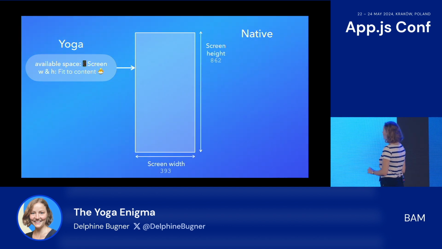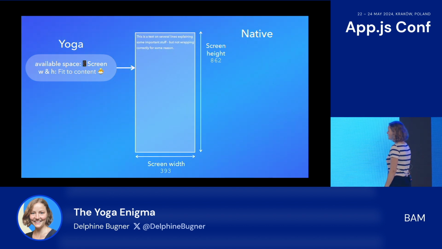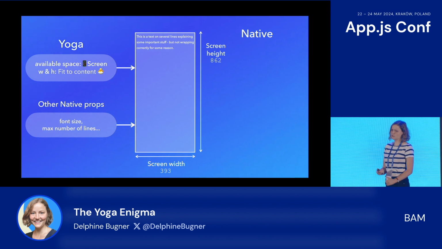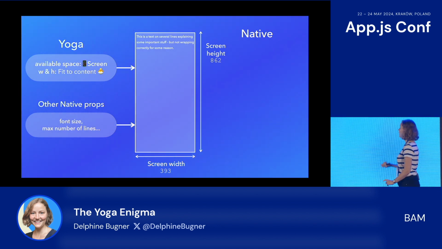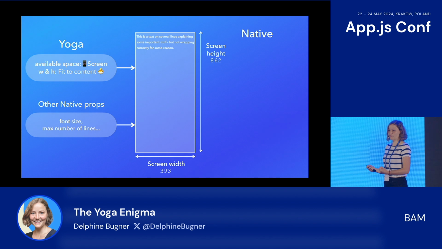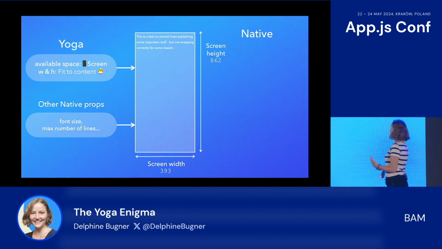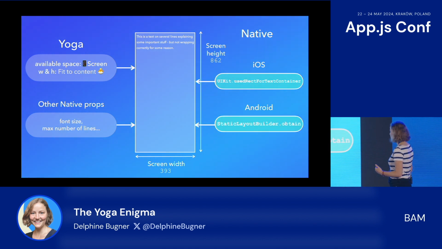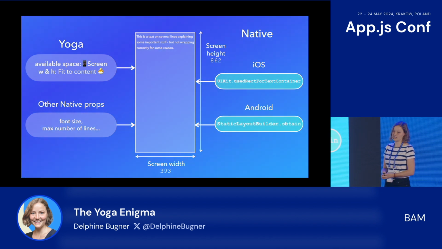Put the text inside of it, inject all the properties from React Native, like font size or max number of lines, and finally call a native measure function: on iOS, UIKit useRect for text container, or on Android, StaticLayout Builder obtain.